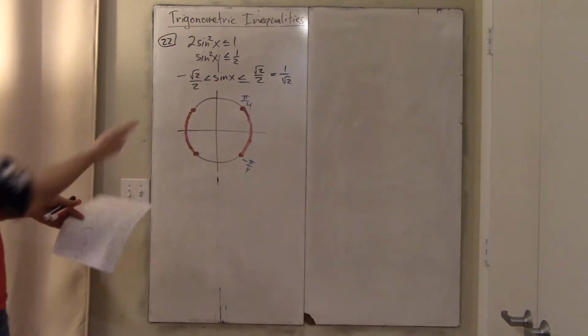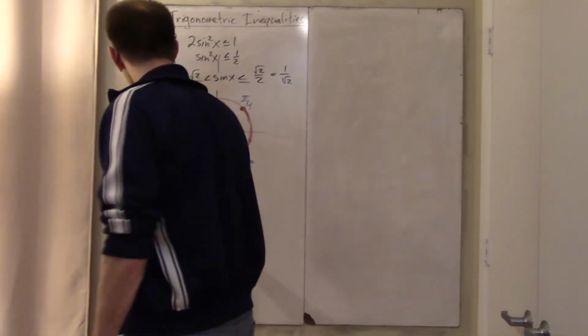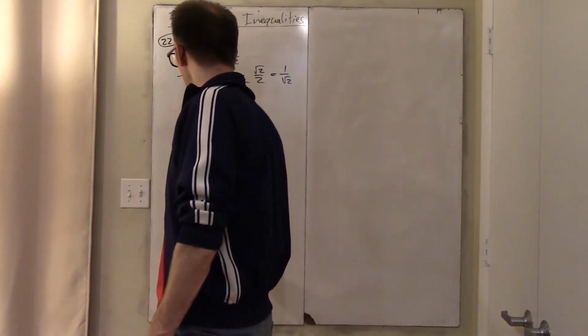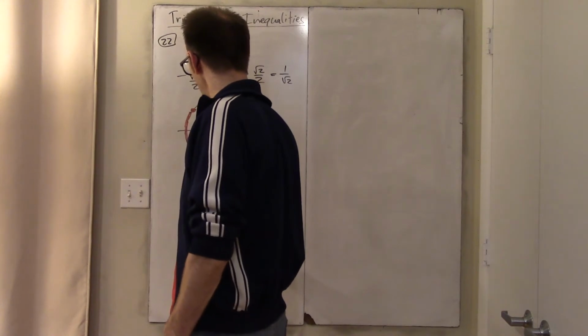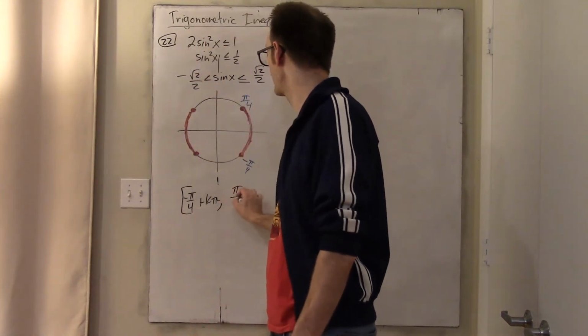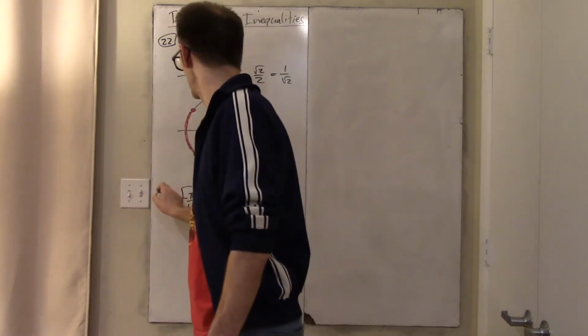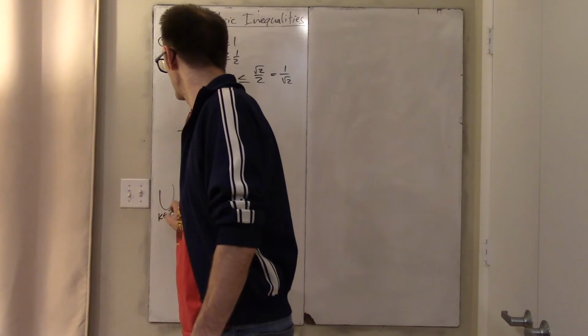Once again, I observe the symmetry, so perhaps it's faster to say everything of the form [-pi/4 + k pi, pi/4 + k pi], and I will take the union of all of those.